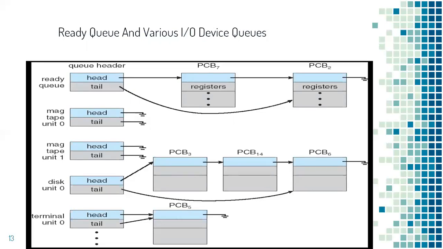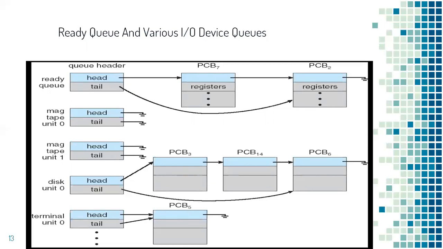in the ready queue. The head pointer points to the process in the tip of the queue. So a process pointed to by the head pointer will be the one which is selected next. Each process stores a pointer to the next process. So if you observe in the diagram, PCB7 is pointing to PCB2.